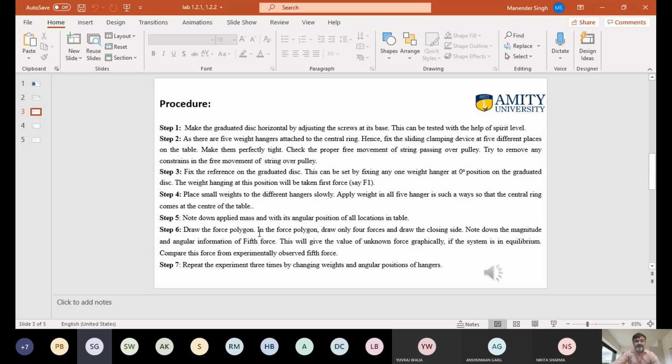One side of the polygon represents a force, and another side represents another force, and similarly the closing side represents the resultant of all these forces.